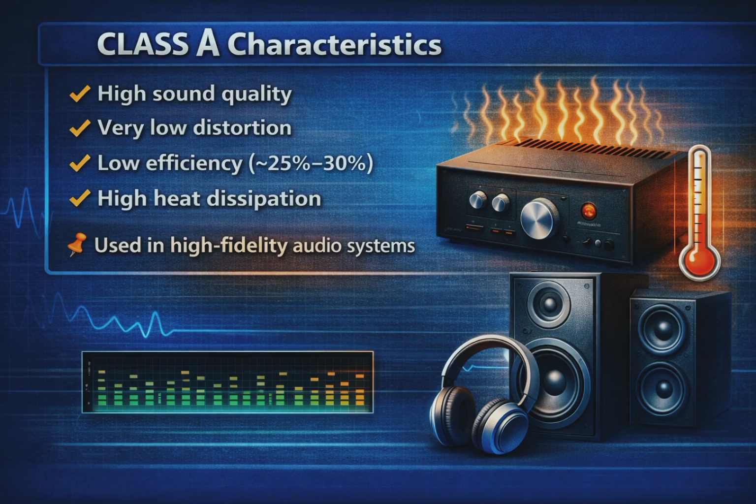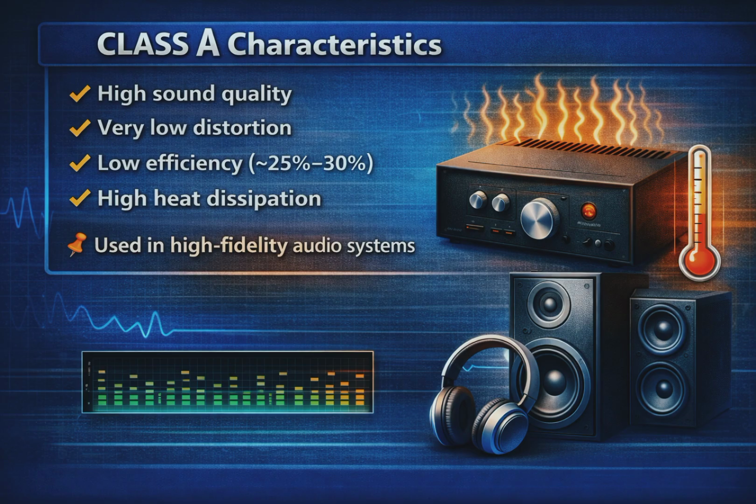Class A characteristics. Let's look at the main characteristics of Class A amplifiers. First, they provide very high sound quality. Second, they have very low distortion, meaning the output signal is very similar to the input signal. However, Class A amplifiers have a major disadvantage.